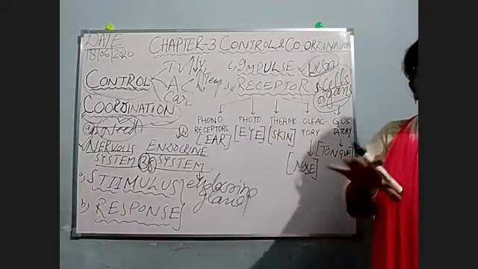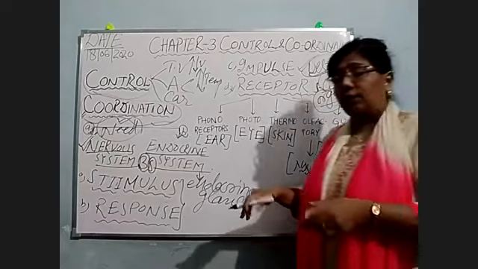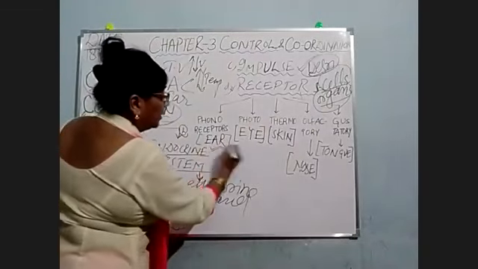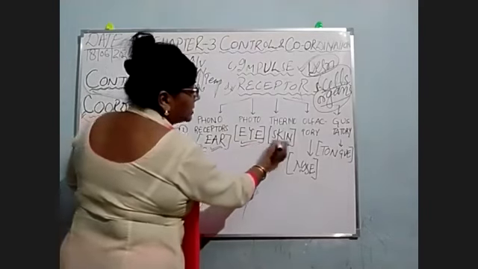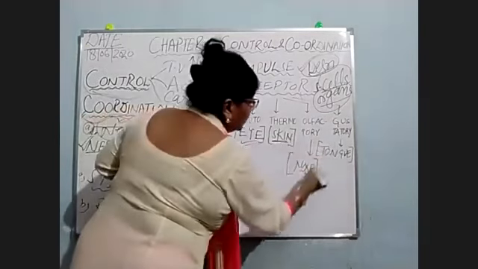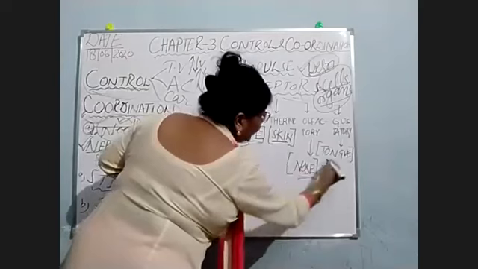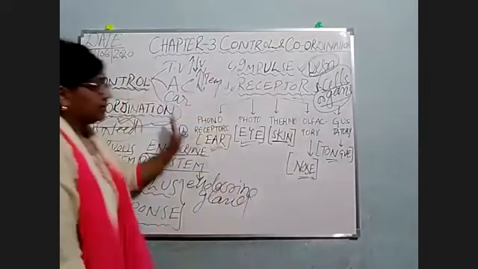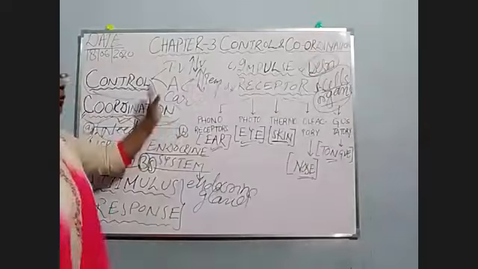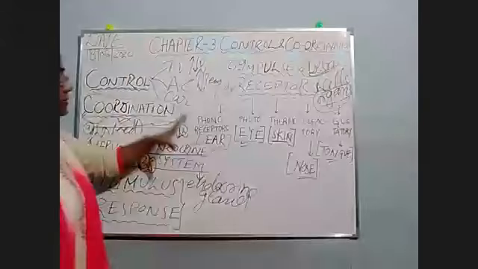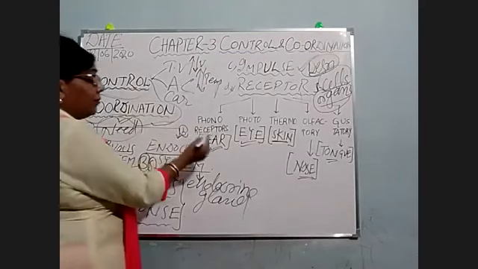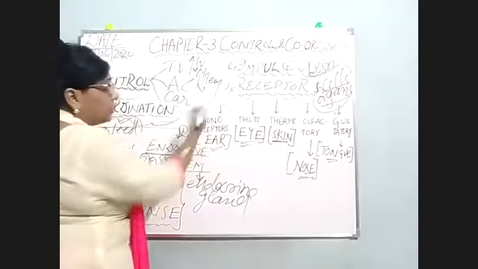So how many sense organs do you have? You have 5 sense organs: ear, eye, skin, nose, and tongue, through which you receive the different senses or stimuli. These sense organs have receptors, specific cells which receive them.